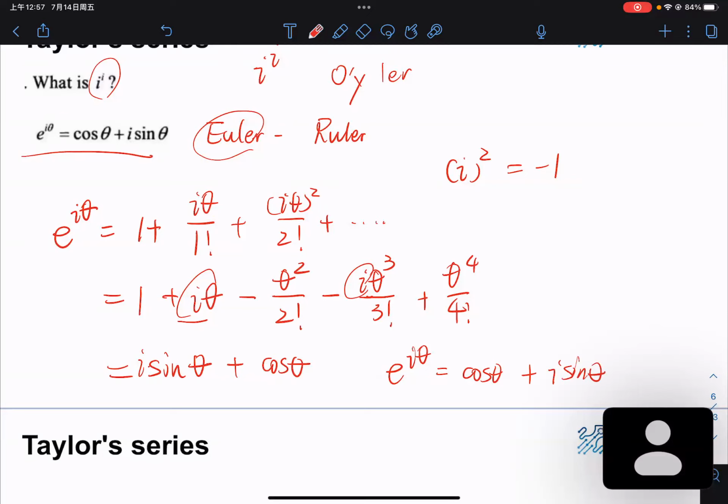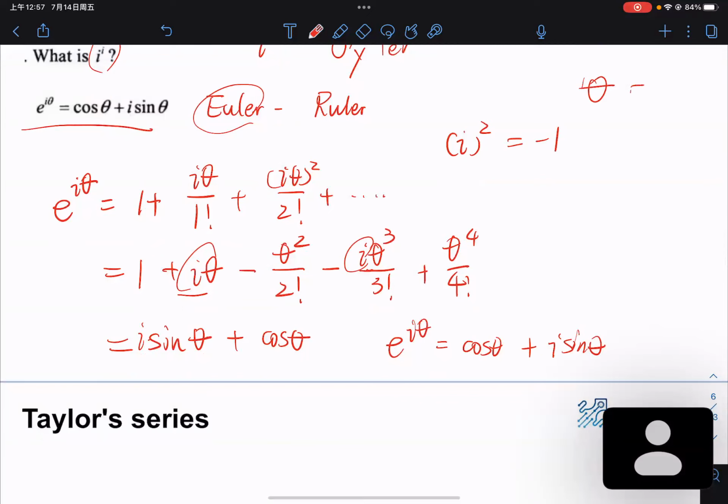I want to spend more time on this Euler's formula, because I personally think it's the most beautiful formula, or most beautiful rule, in the whole mathematical world. You can see, if we take theta as related with pi, right? It puts e, the natural number, i, the complex number, and pi together in one formula.